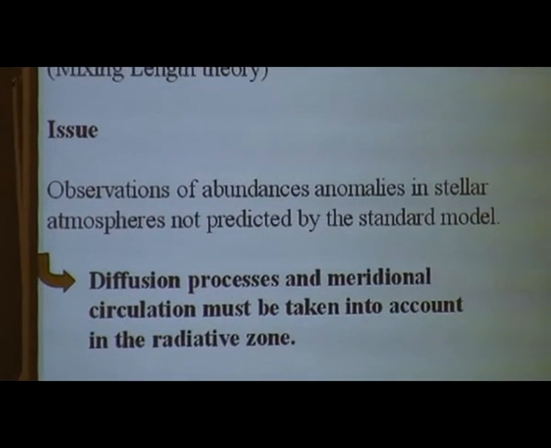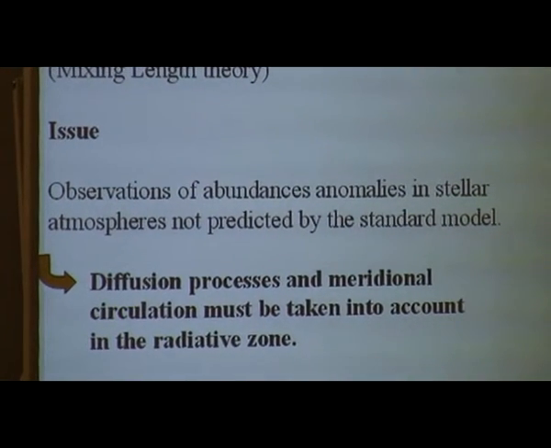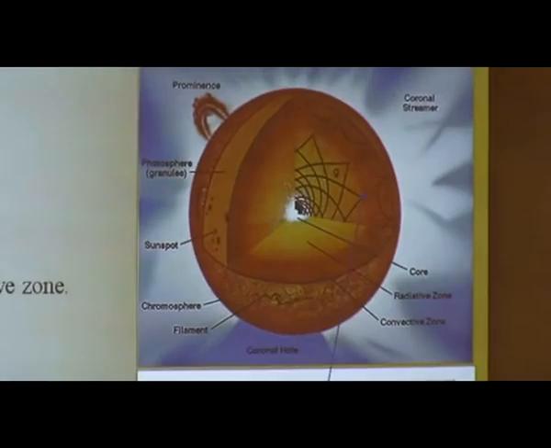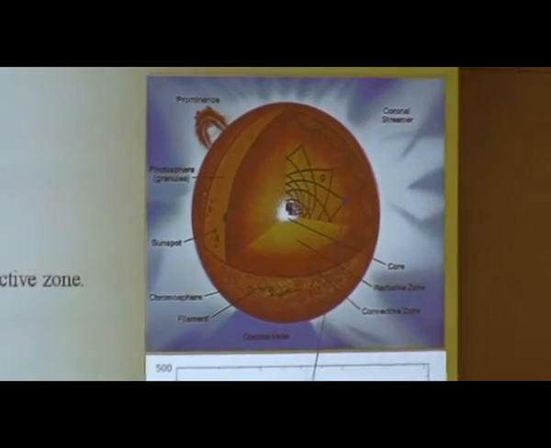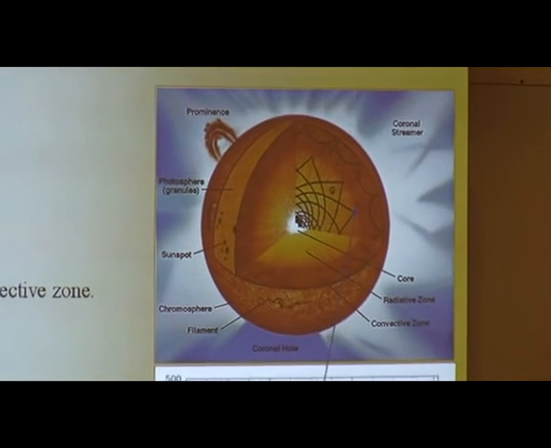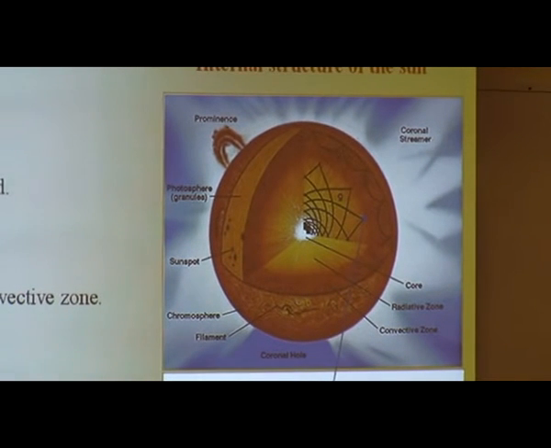For example, there is underabundance for light elements, and for heavier elements there was overabundance. And so people from different groups proposed to add diffusion processes and meridional circulation in the radiative zones.